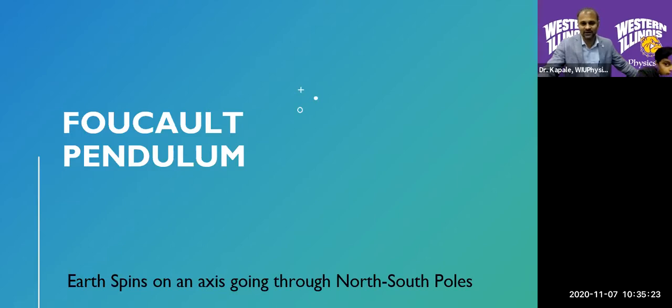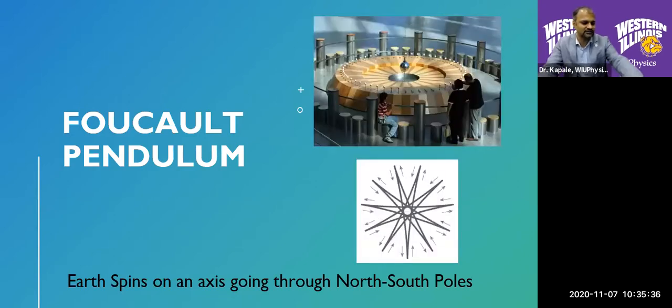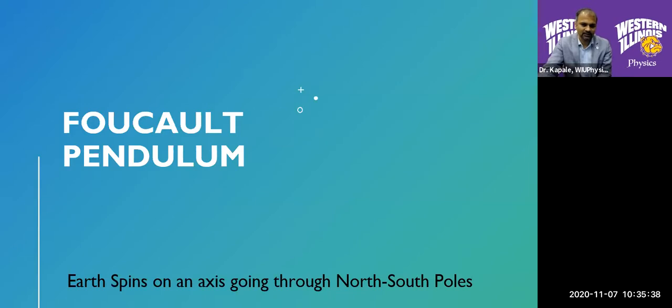Of course, all of us know that Earth spins on its axis, an axis that goes through the north and the south poles. This rotation, or the spinning of the Earth on its axis, is what gives us the day and night, right? So we all know that.